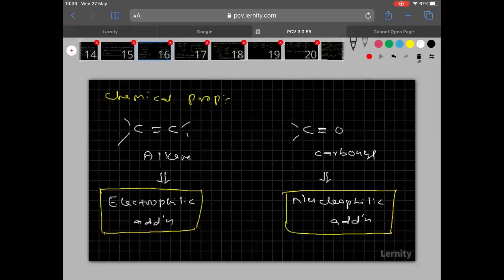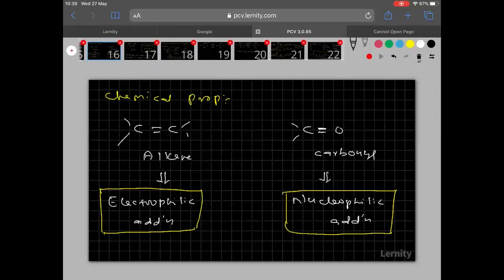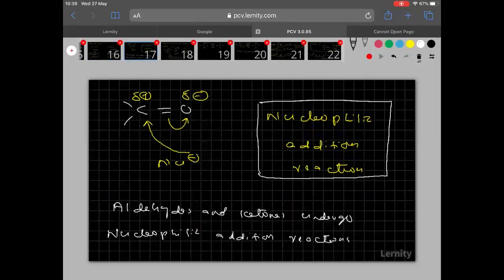Sixteenth slide. Seventeenth slide, and here I explain about the nucleophilic addition reactions. Very important one, this one.